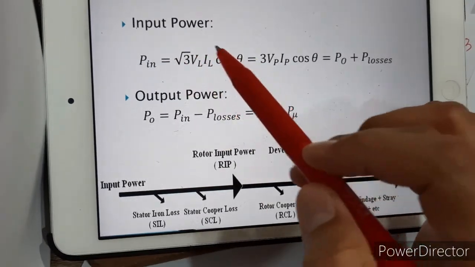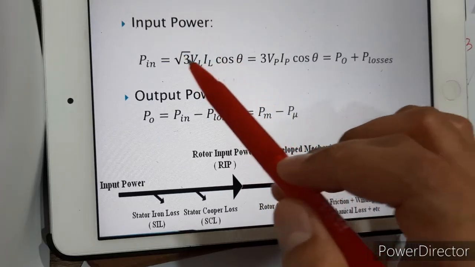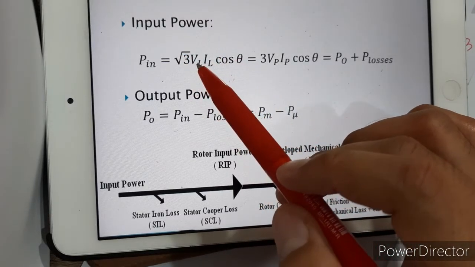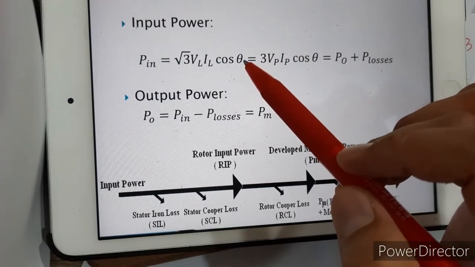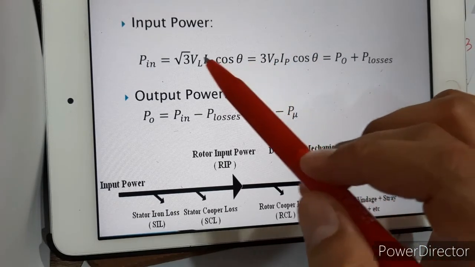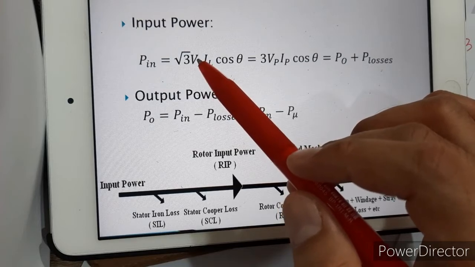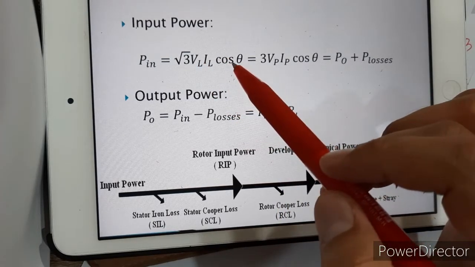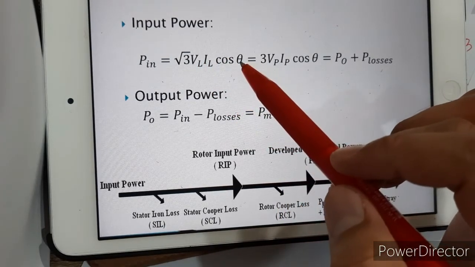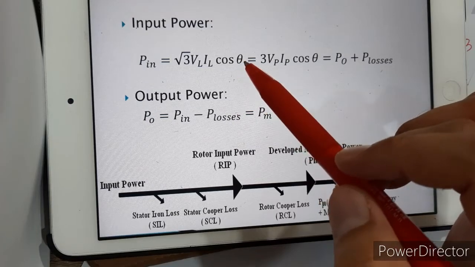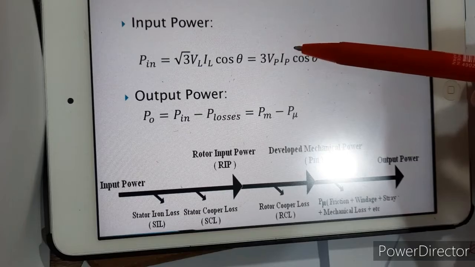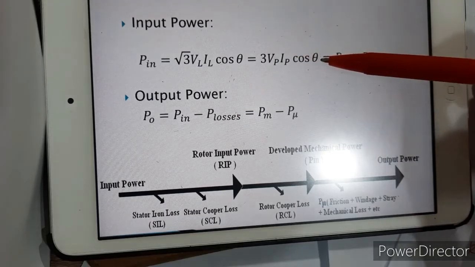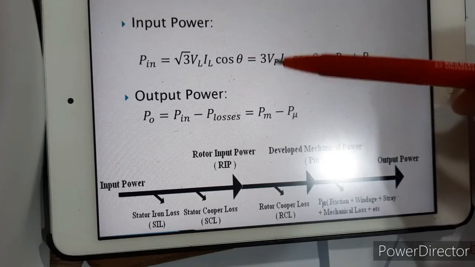Remember this is in terms of line parameters, that's why we multiply by square root of 3. And theta, of course, is the difference between the voltage angle minus the current angle, theta V phase minus theta I phase. And it is also equal to 3 V phase I phase cos theta.